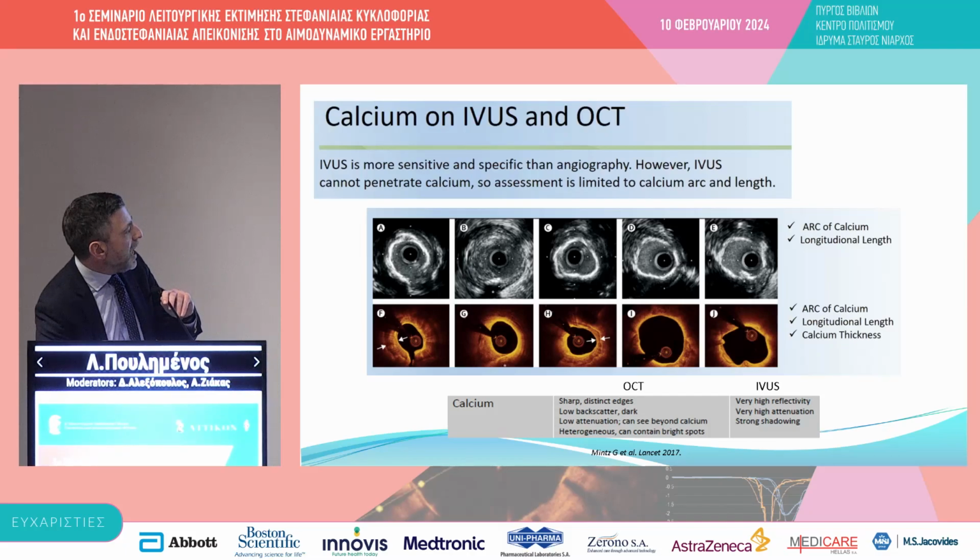The other part is IVUS. IVUS could lead to a tragedy if the information is not obtained beforehand. So, imaging is the way to go. There are differences, because IVUS cannot penetrate calcium, and OCT has lower penetration apart from calcium.